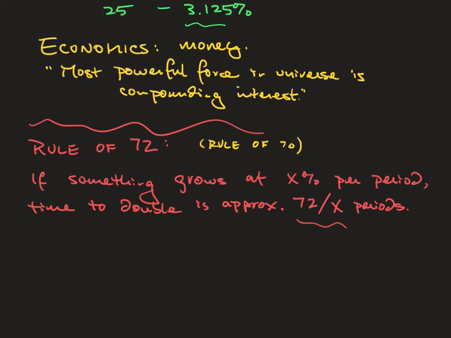If you put your money in a savings account and it gets 2% interest, how long until it doubles? 72 divided by 2 equals 36 years. Okay, so this is just some interesting trivia and a mathematical trick that's used by people in finance to approximate how long until something doubles.